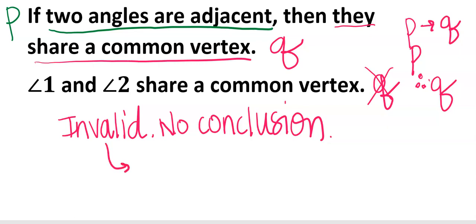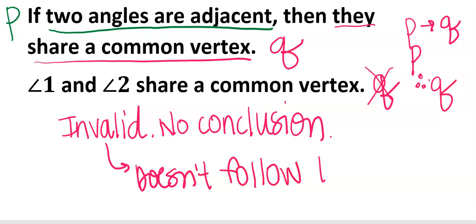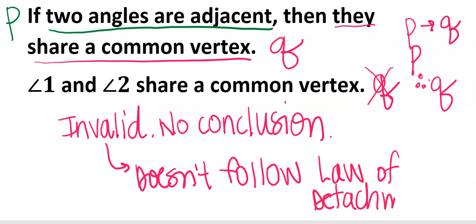So I'm just going to say it doesn't follow law of detachment. Okay, so you can be very specific about the reasoning if you want to, but to make it short, sweet, simple, if you can name the argument that it's supposed to follow but isn't, you're good. Okay, it doesn't follow this style of law.